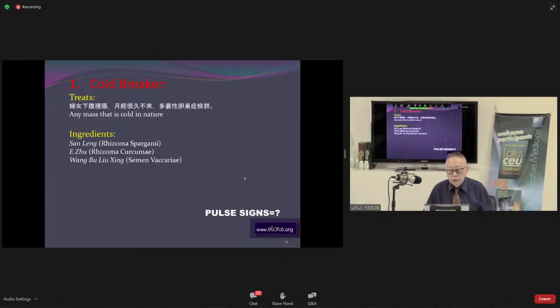By taking the pulse. If the pulse is very jumpy, then there's got to be some inflammation in there. If the pulse is so dead, the amplitude is low and not working properly, then we'll know that's the cold breaker.